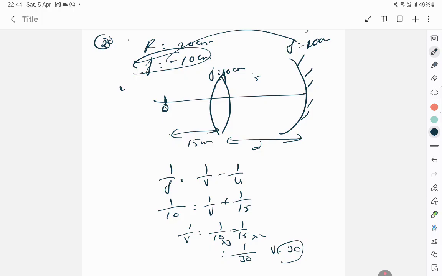What are they saying? Will the image be the radius of curvature? So I want to read this question again. Calculate the distance D so that the real image of an object at O, 15 cm in front of the convex lens of focal length 10 cm, can be formed at a point O, which means you're going to retrace.